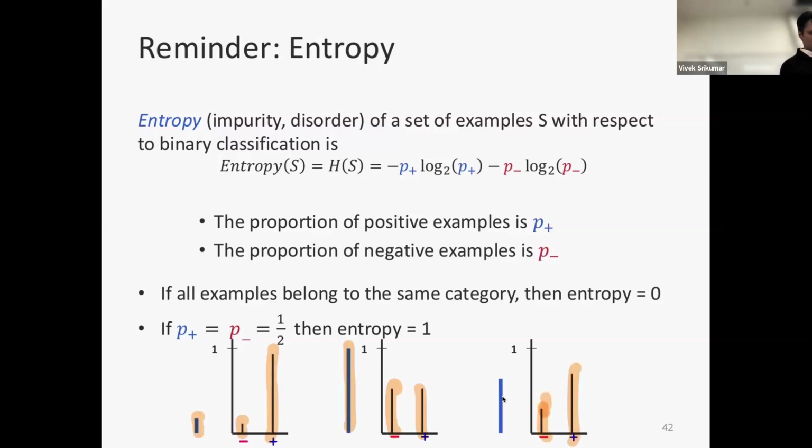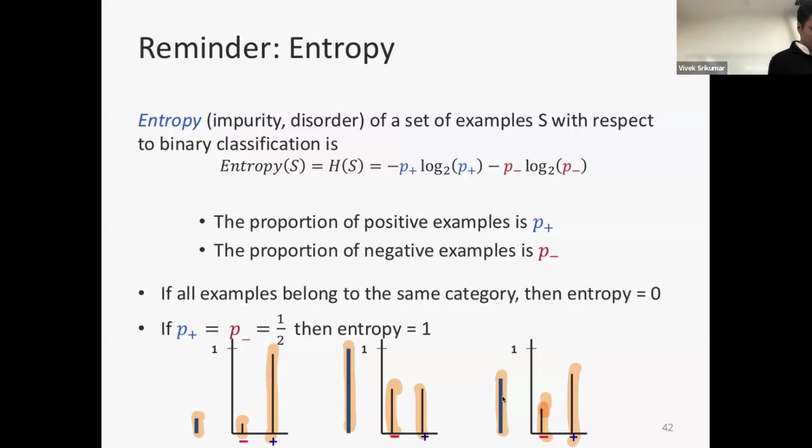And somewhere in between, entropy will be in between. If the labels are all equally likely, that is the most uncertain you can be about the label, or that's the kind of data set where the impurity or disorder is the highest. Whereas if it's uneven, the impurity or disorder tends to be lower.